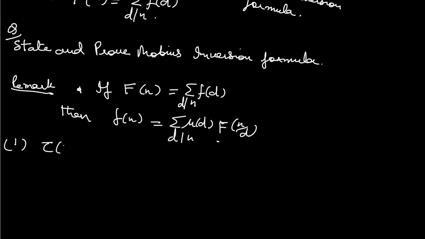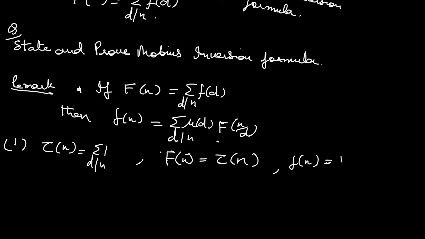Number 1 is tau of n. What is tau of n? It is the summation where we add 1 for each divisor of n. So here, since this is capital F of n, you consider it as tau of n, and small fn is equal to 1. Therefore, by the above Mobius inversion relation, you replace this fn by 1.